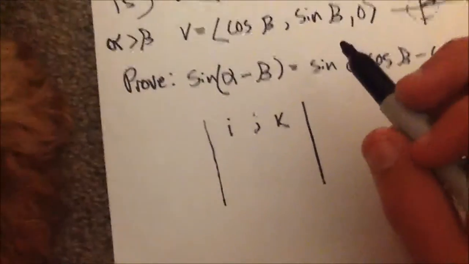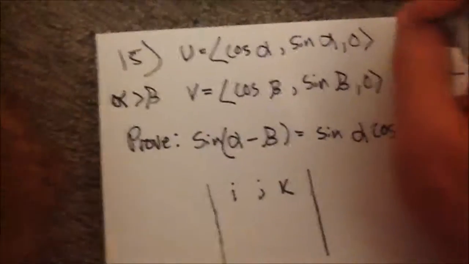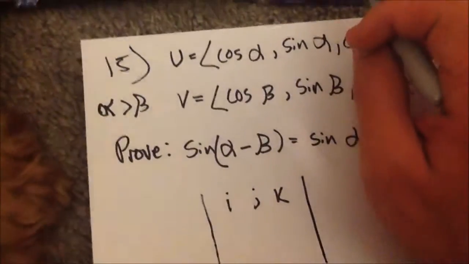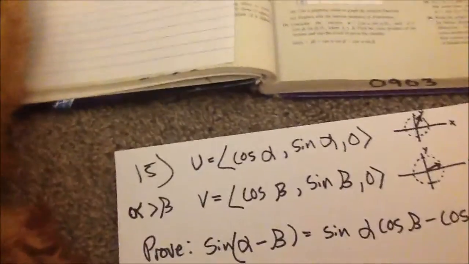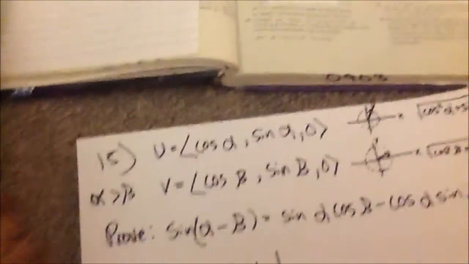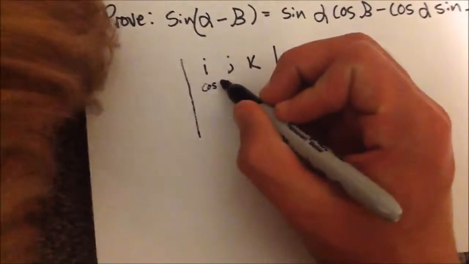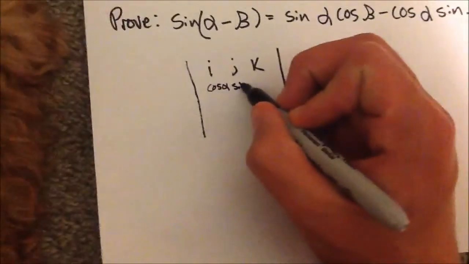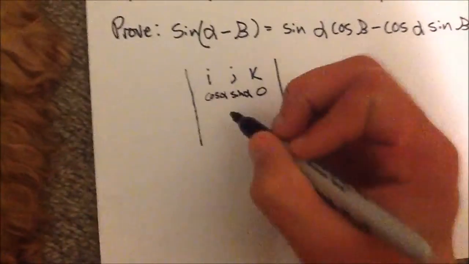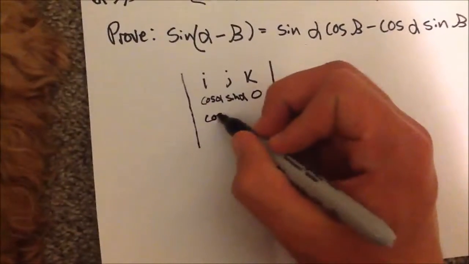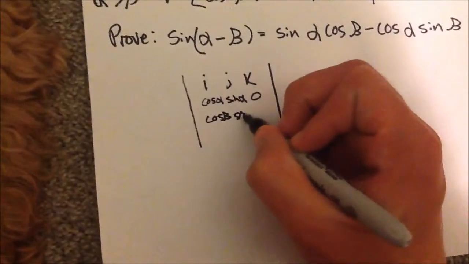It's asking for the cross product between the vectors, so it doesn't really matter which order you do it in. We'll just do cosine of A and sine of A on top, cosine B, sine B on bottom.